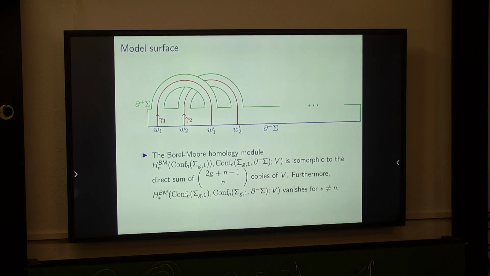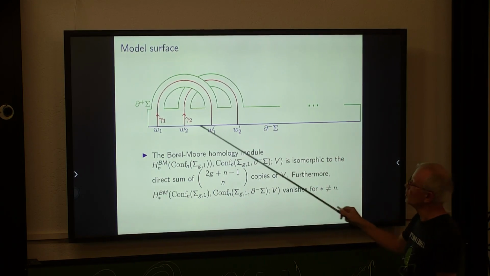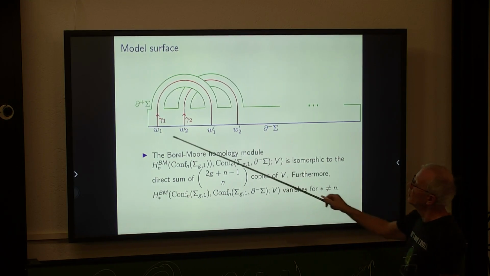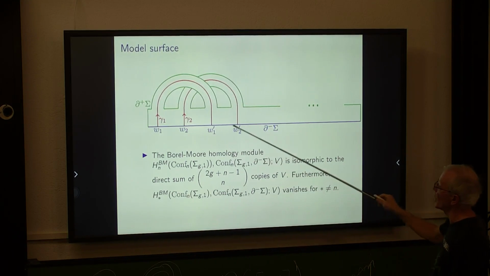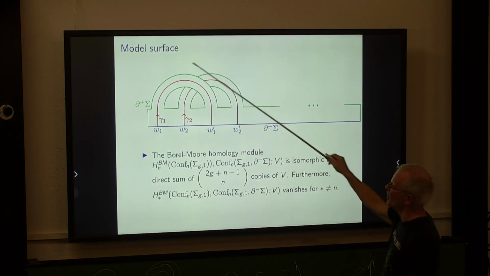I took another picture, but you understand what I mean. You have the graph with the blue thing and this purple one. So the vertices are just here. And the subgraph A is this boundary minus part. And the edges are the gamma i.